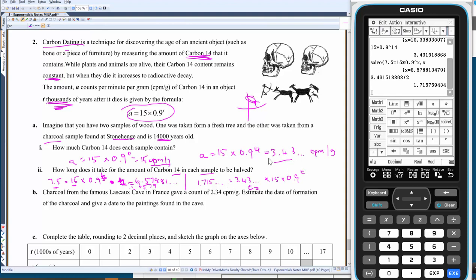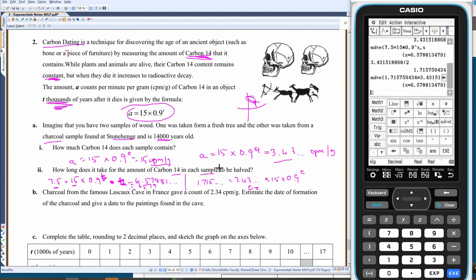To prove it to you on the calculator, I'm just going to go solve. The amount equals the amount I started with, which is this amount of carbon-14 in the piece of charcoal, times 0.9 to the x, for x. What I'm hoping for is that this should come up with 6,579, and it does.